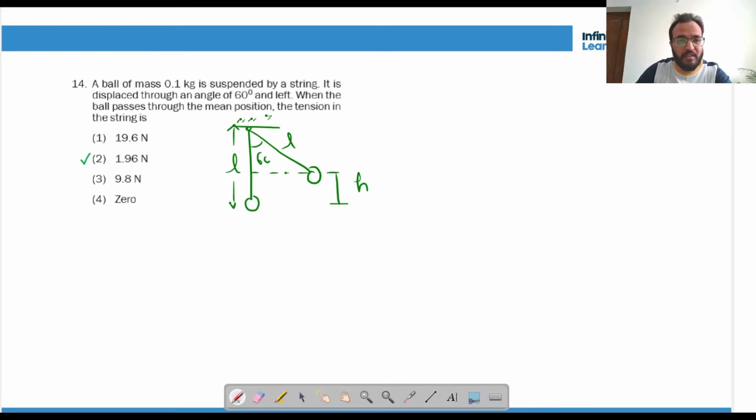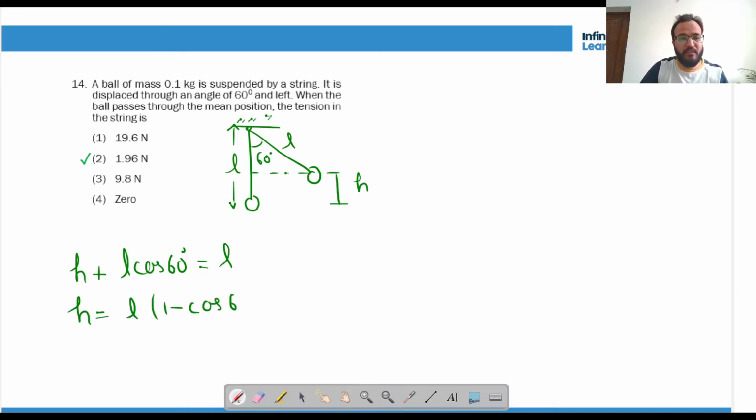Okay, this is 60 degrees. So you can say that, sir, height H plus L cos 60 degrees is equal to L, right? So H is equal to L into 1 minus cos 60 degrees, which is L by 2. So height we know.